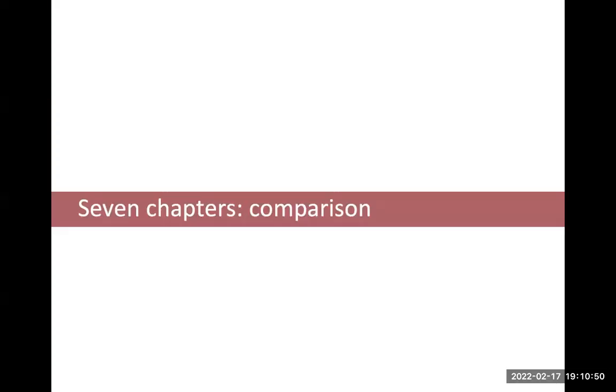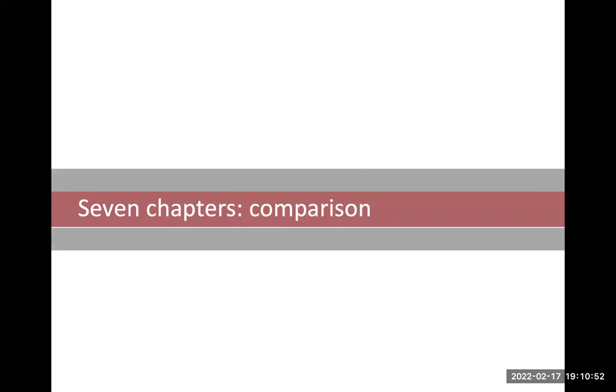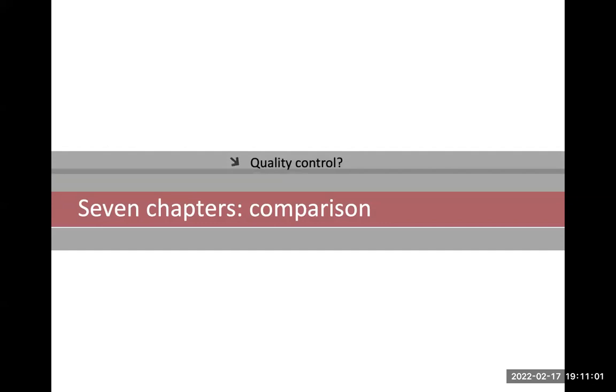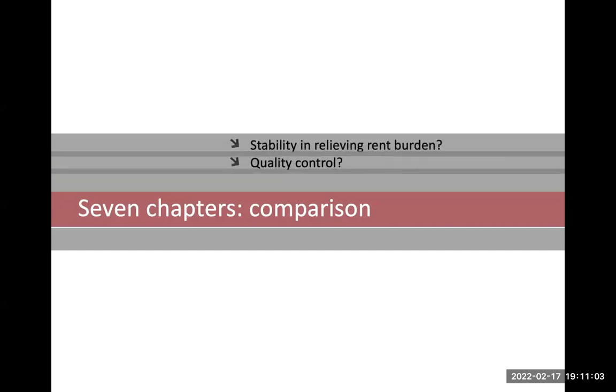Another important part of today's lecture is to compare these two approaches. We have found seven aspects for comparing these two approaches. First is the quality control, and second is stability in relieving the housing rent burden.